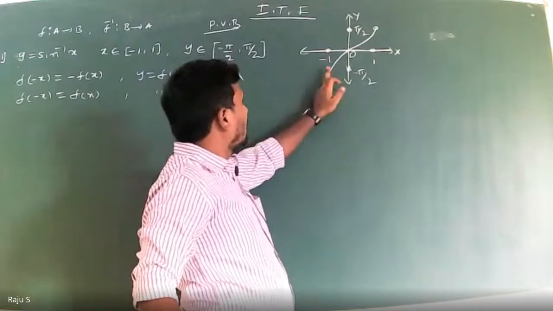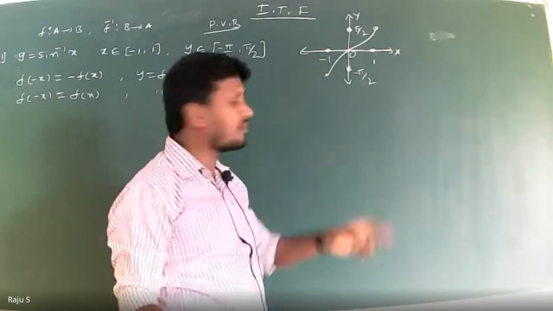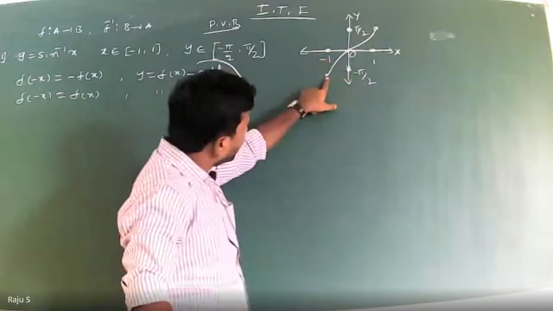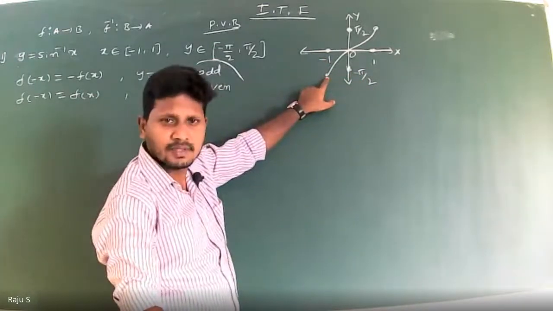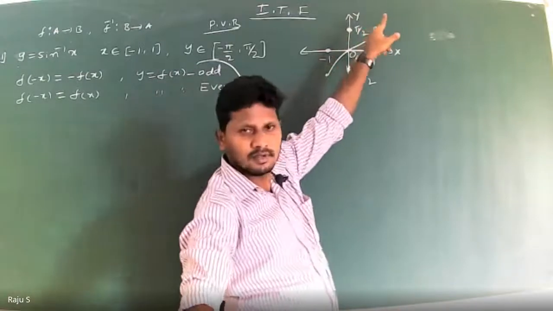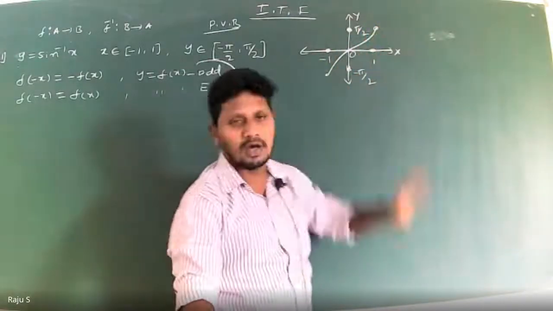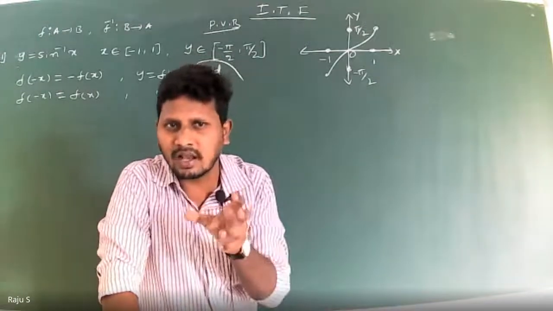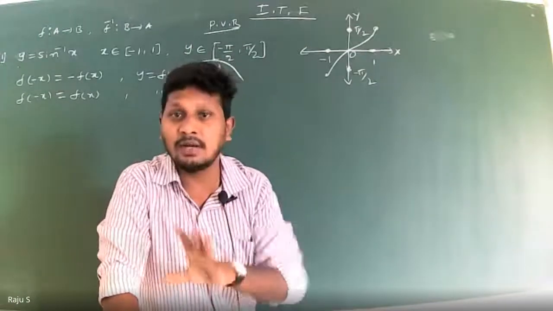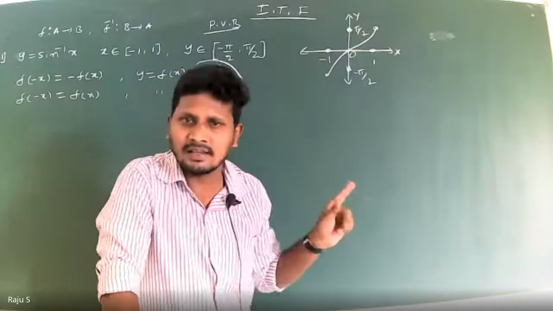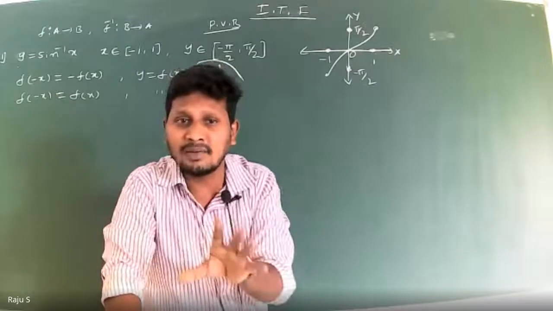From minus 1 to 1, at minus 1 it is minus 90, but slowly it is clearly increasing. So in the given domain minus 1 to 1, sine inverse x is increasing. This concept is not required for NCERT, but all NCERT students should have an idea.